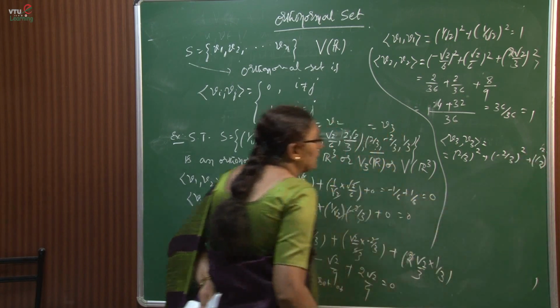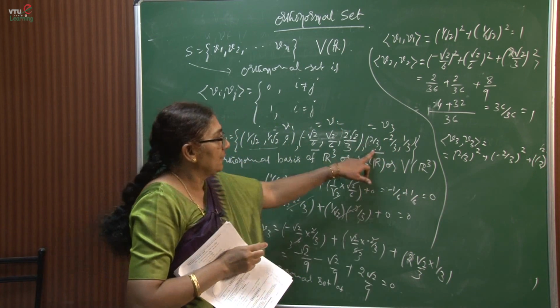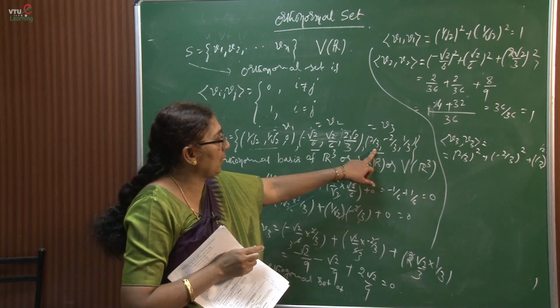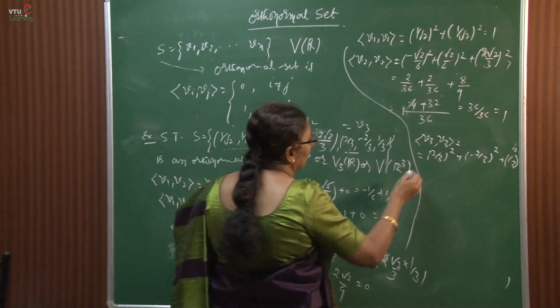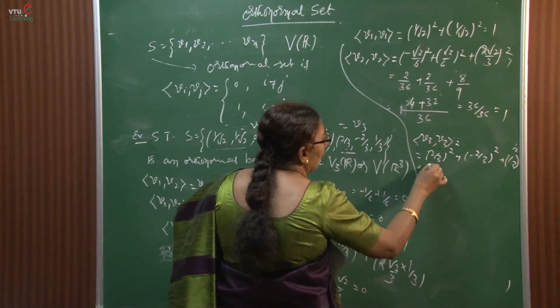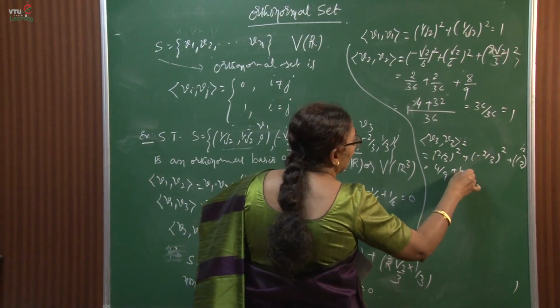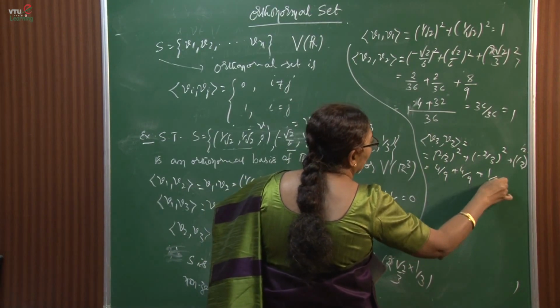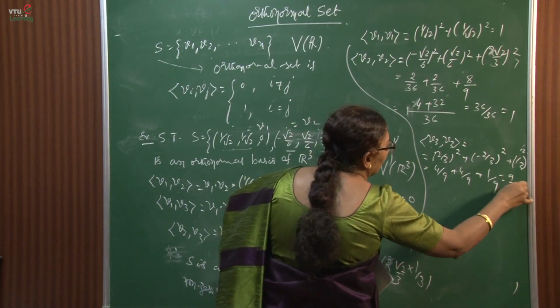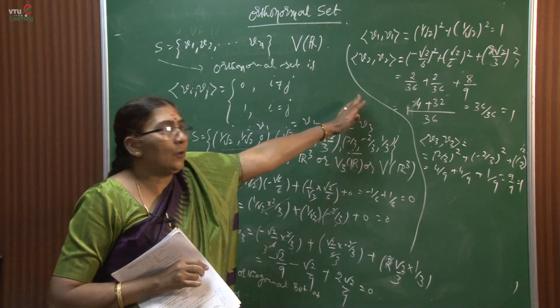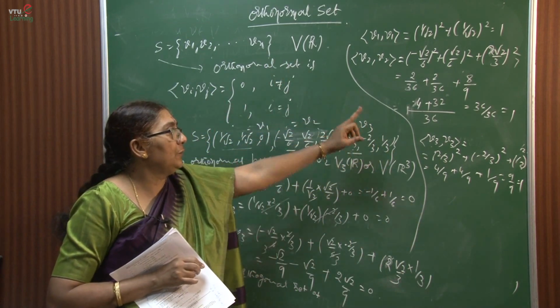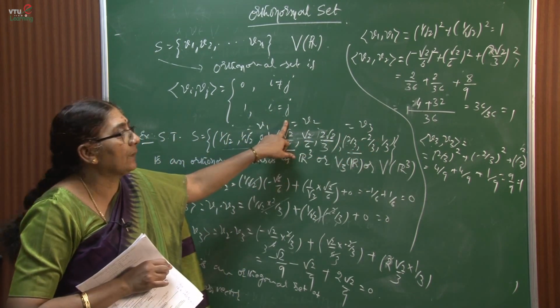Because V1 square plus V2 square plus V3 square. We have to dot product, multiply the same components, we get the square of the value. 4 by 9 plus 4 by 9 plus 1 by 9, we get 9 by 9, we get 1. Therefore, the inner products of V1, V1, V2, V2, V3, V3 are each 1.